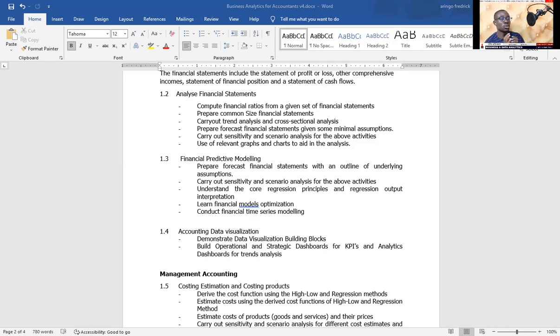So these are an interesting part, because you're not only applying your knowledge as a financial accountant, but as a financial analyst. Because at this point, just to give you in a nutshell what data visualization is, take it as the practice of converting and presenting your data in the form of graphs and other pictorial forms.